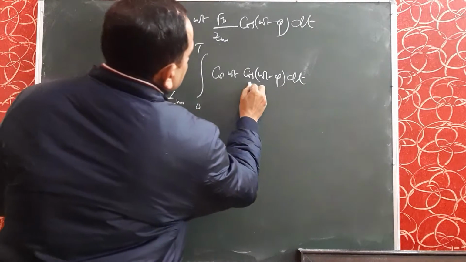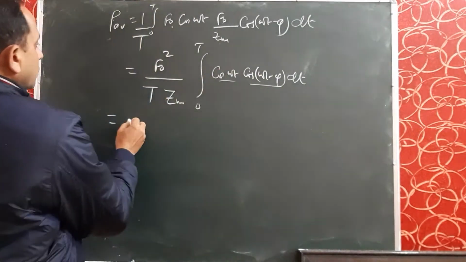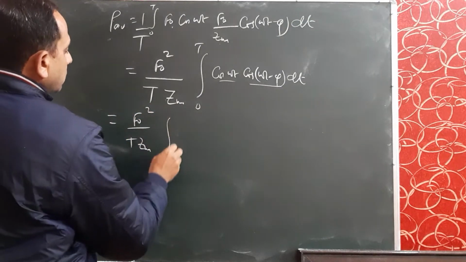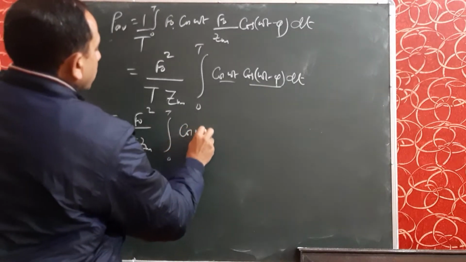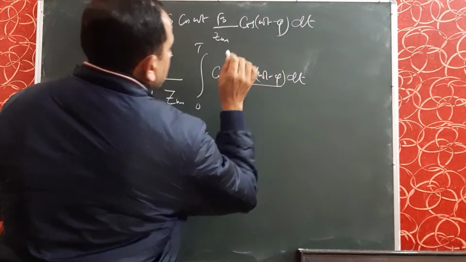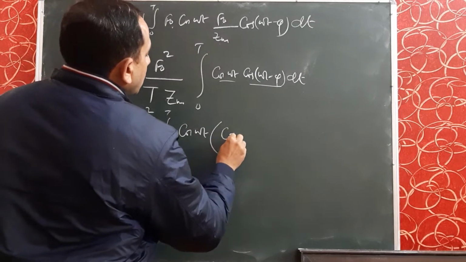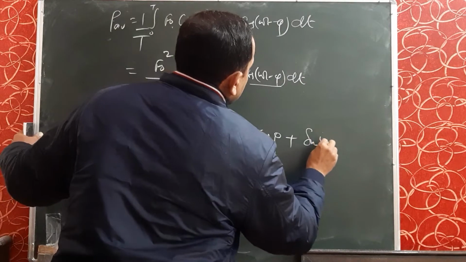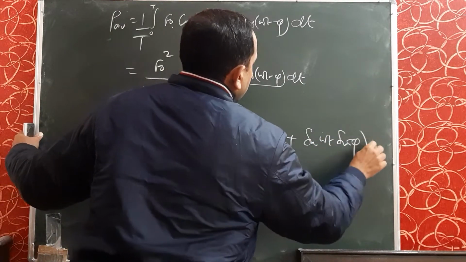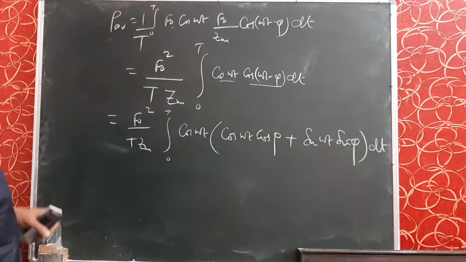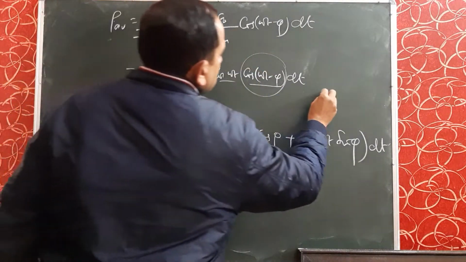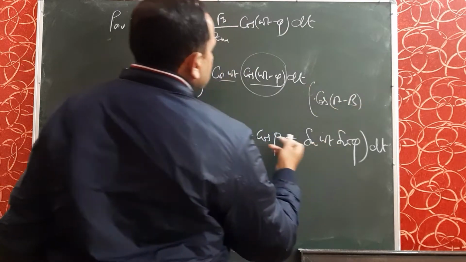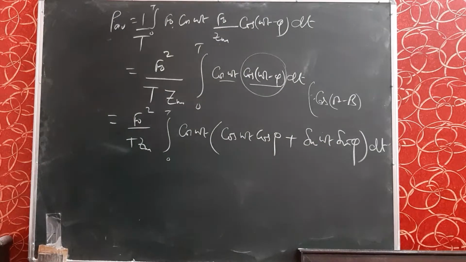Now, we will expand this cos A minus B. We may write it as cos A cos B plus sin A sin B. This is the expansion of cos A minus B: it is cos A cos B plus sin A sin B.